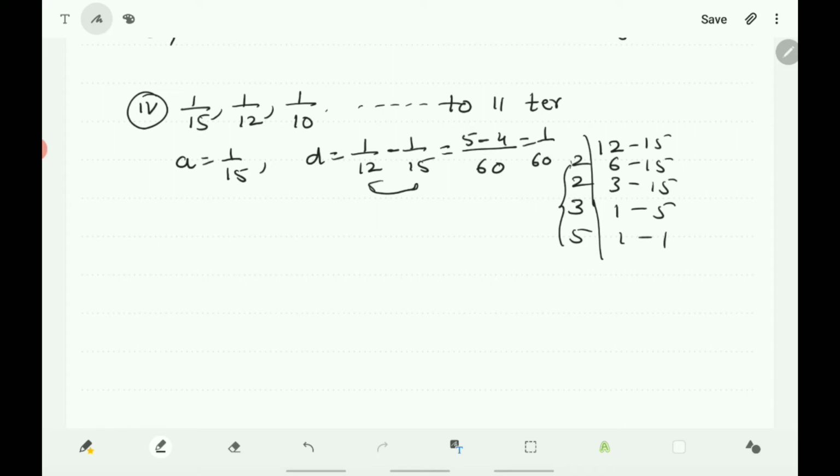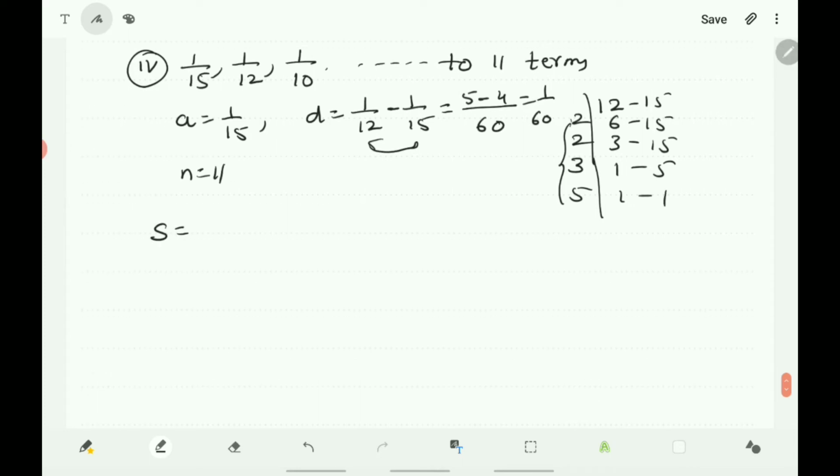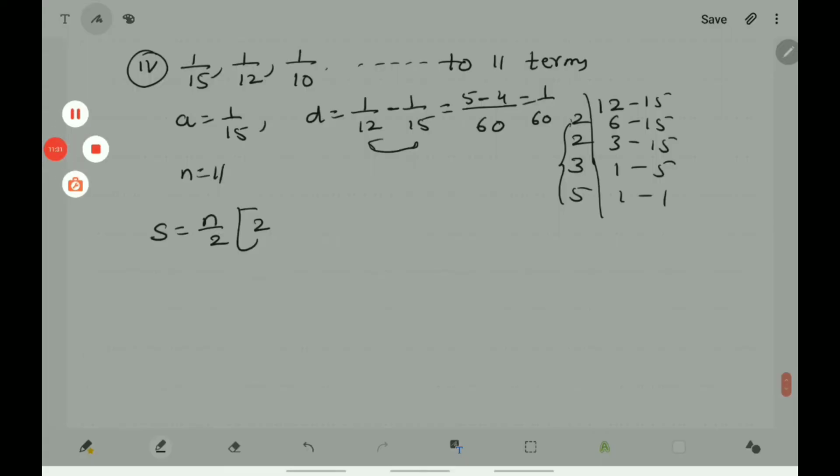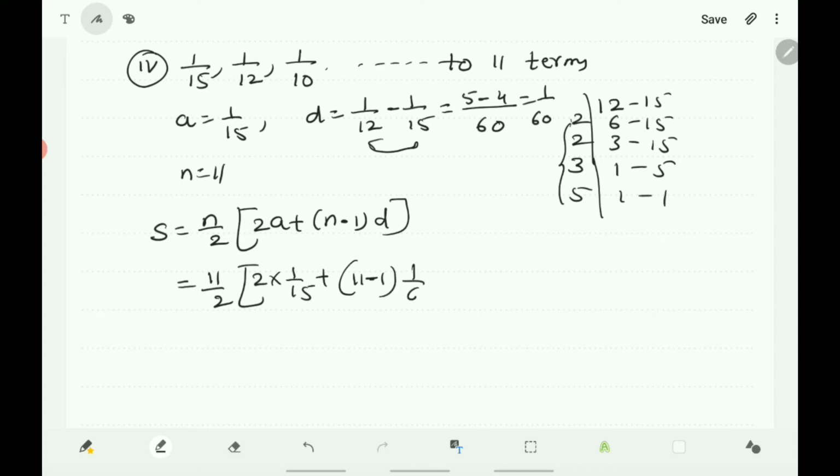D is 1 by 60 and N is equal to 11. Then write the formula for S. S is equal to N by 2 into 2A plus N minus 1 into D. That is N is 11 by 2. 2 into A is 1 by 15 plus N is 11 minus 1, D is 1 by 60.